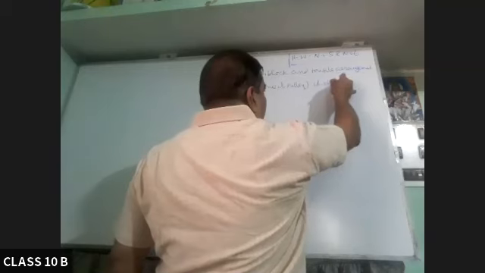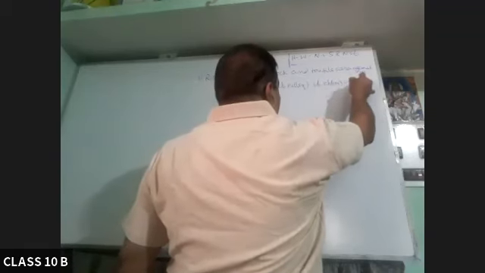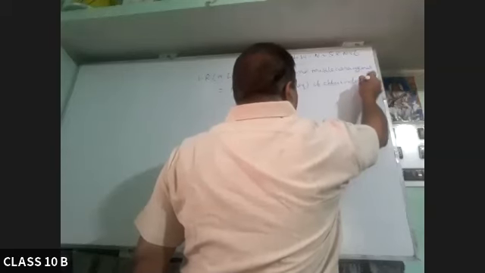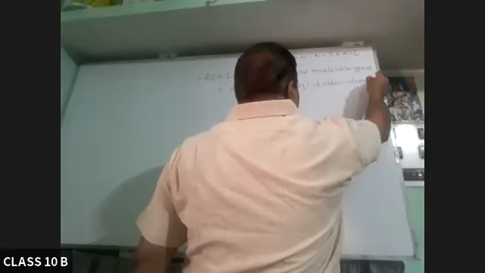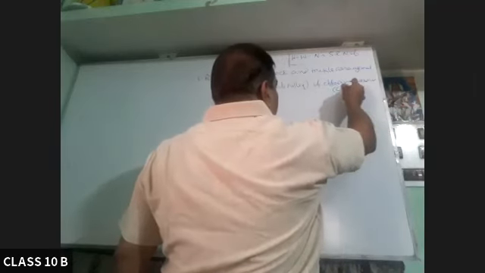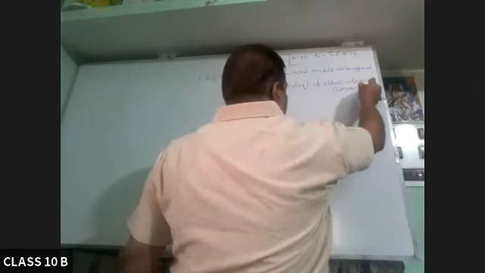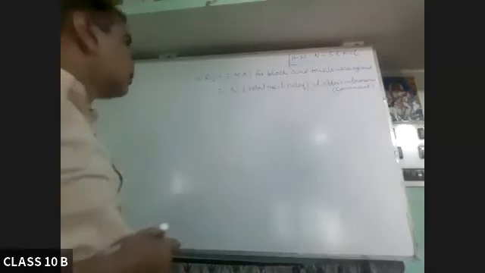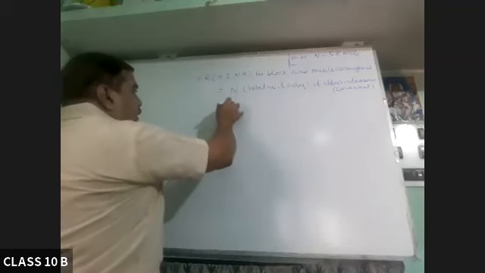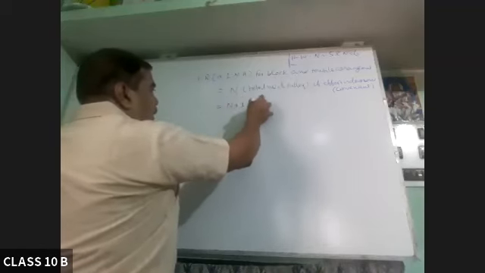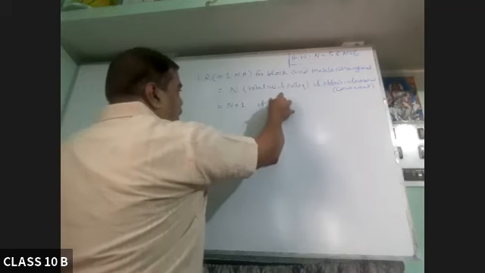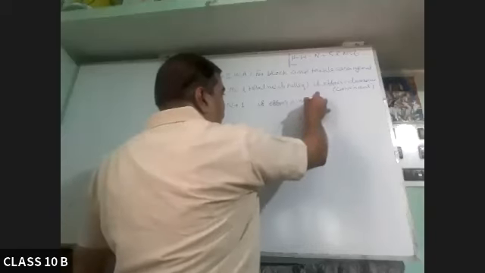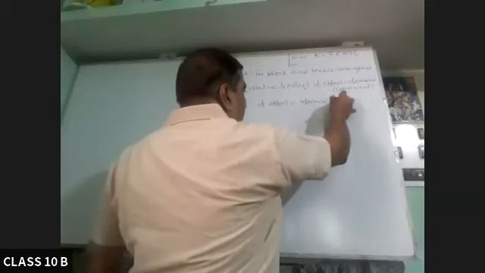If effort is downward, or we say convenient. If nothing is mentioned in the question, then it is the convenient case. It may be N plus 1 if effort is upward, that is inconvenient.